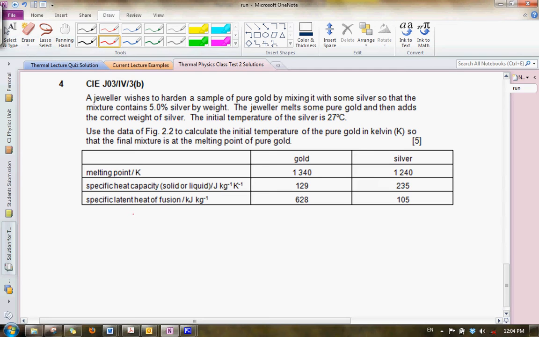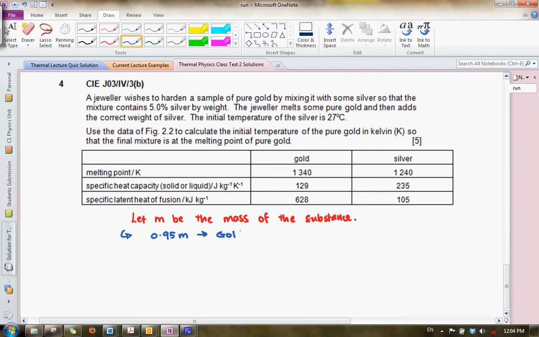So what we can do is we let M be the mass of the substance that's obtained right at the end. So using that, what we can see is that 95% would be gold.